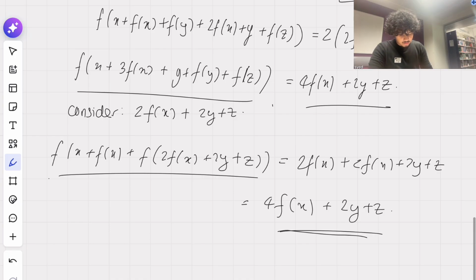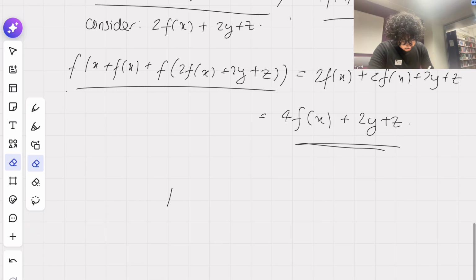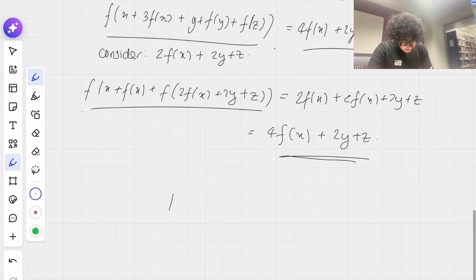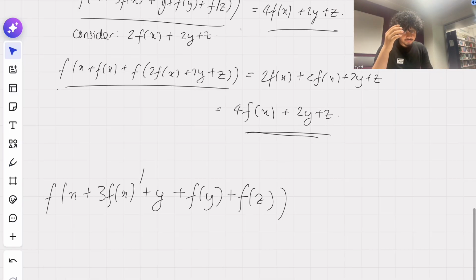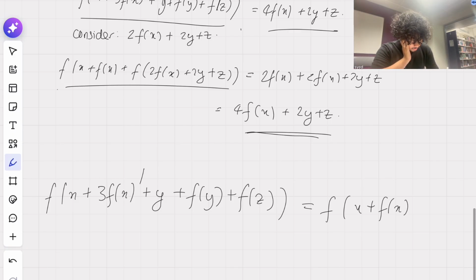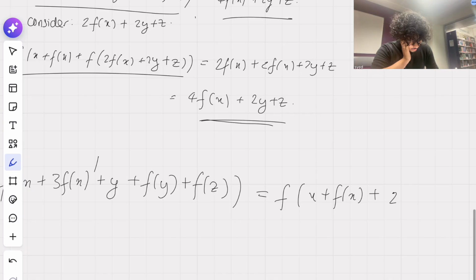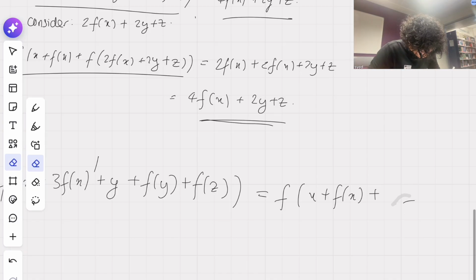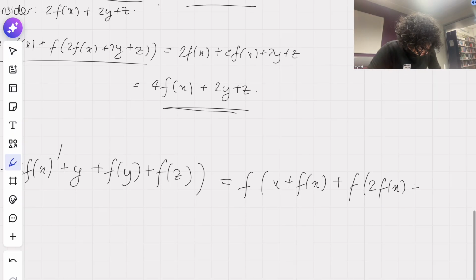Now we can equate these to obtain that f of x plus 3f of x plus y plus f of y plus f of z is equal to f of x plus f of 2f of x plus 2y plus z.